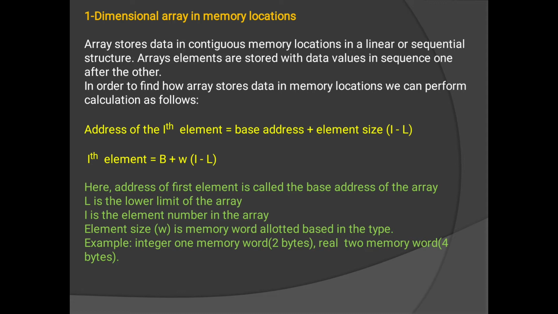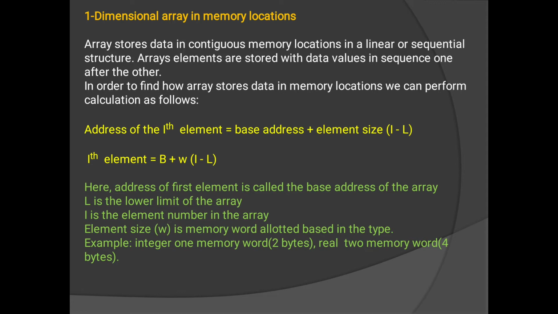Here, the address of the first element is called the base address of the array, denoted by P. So P is the address of the first element, and L is the lower limit of the array, that would be the first element.